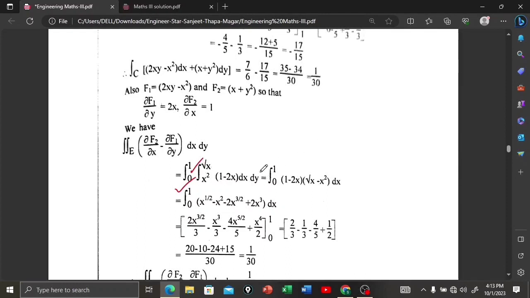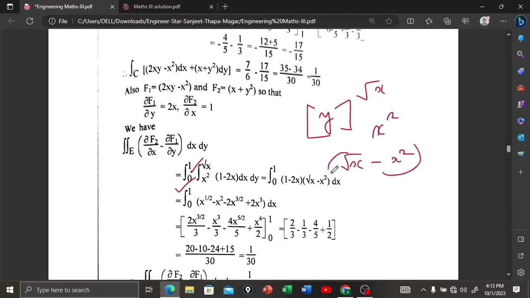So the integration and derivative cancel, and remaining is y from x squared to root x, upper limit minus lower limit, and this constant is as it is.